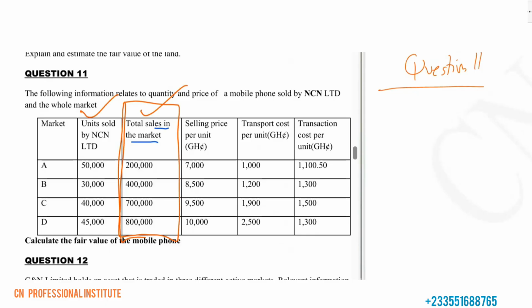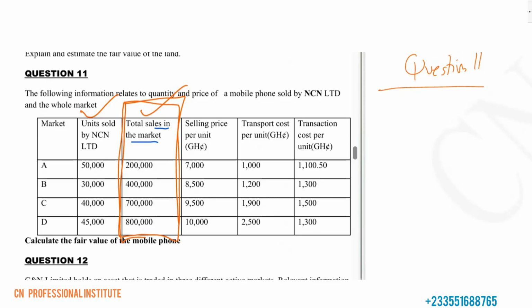All right. And also, if you pick the two, the units sold by NCN Limited and then the total sales in the market, I told you that the standard says we should always use total sales in the market, not units sold by only one individual. So here, we are going to use the total sales to determine the principal market.